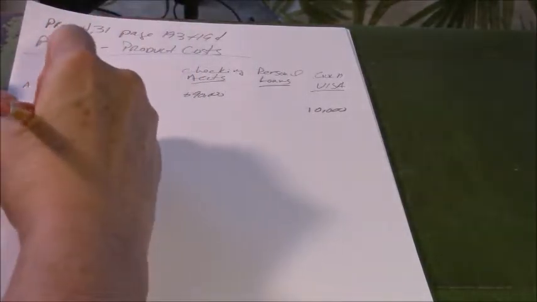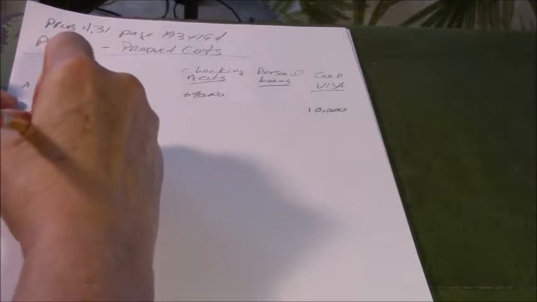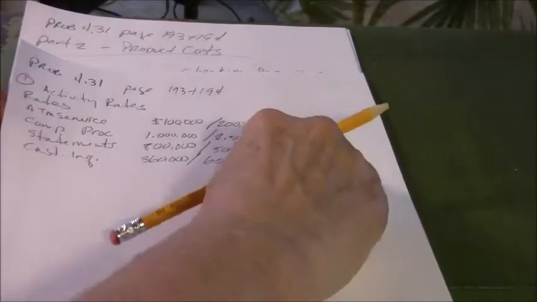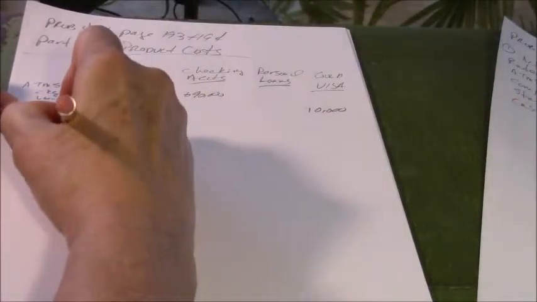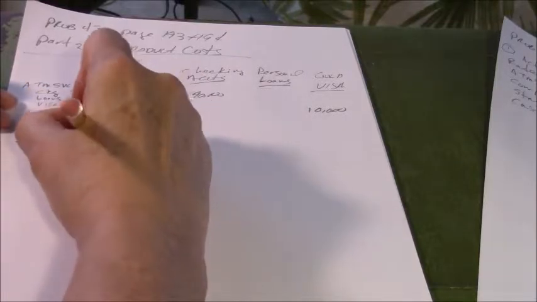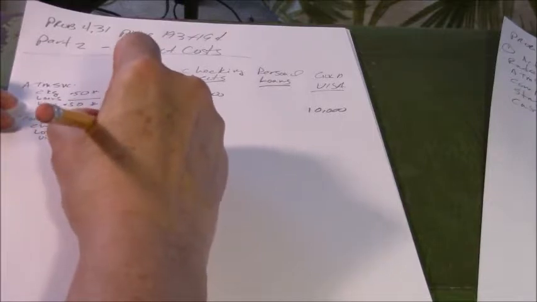Okay, the next thing was computer processing. Alright, so for checking, loan, and Visa, we decided that computer processing is 40 cents per transaction. So 0.4, 0.4, 0.4, and it's 2 million for checking accounts, 200,000 for loans, and for Visas, it's 300,000.